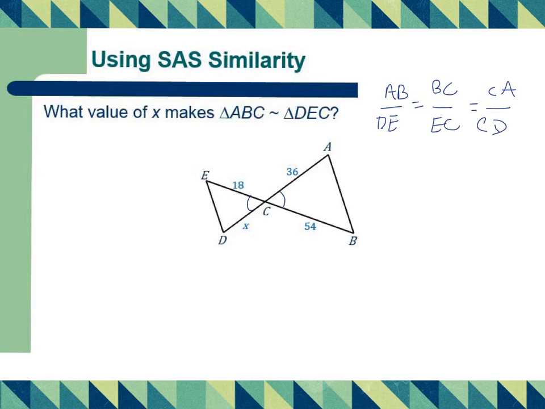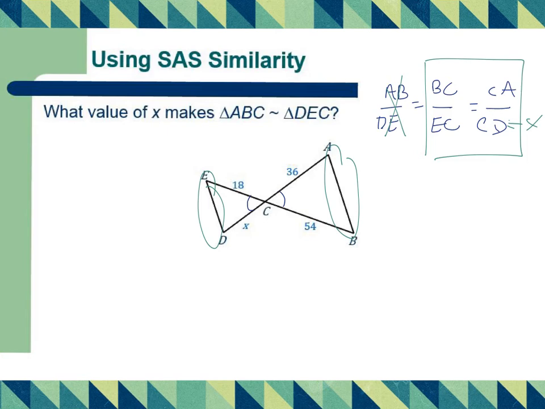All right, so if I look at what I'm given, I don't know anything about ED or AB. So I'm going to just cross that off because that's not going to help me at all, and that's not going to help me use side-angle-side similarity. So I do know that this statement must be true. So the thing that I'm missing from this is CD. I don't know what CD is, but I can replace CD with the variable x.